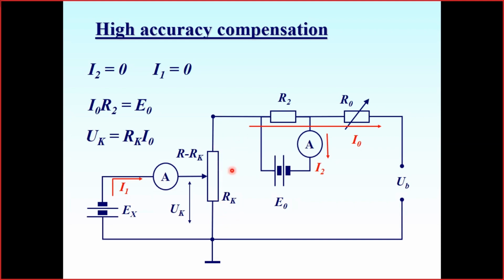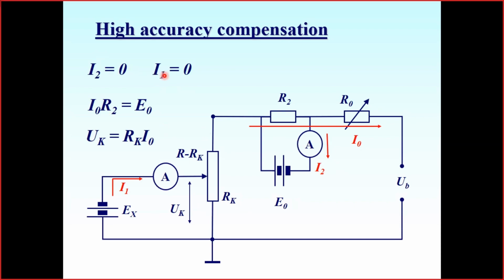Sometimes after the second regulation of the zeroing current in this part of the circuit, we have to readjust R0. Sometimes we do 1-2 iterations, but finally, by adjusting R0 and the position of this potentiometer, we have to get both currents I2 and I1 equal to 0. And then this circuit is in balance.